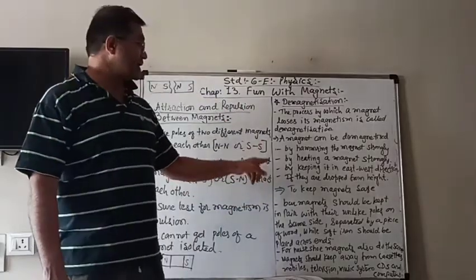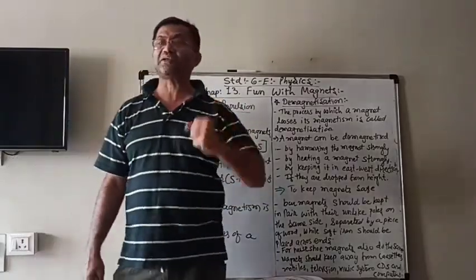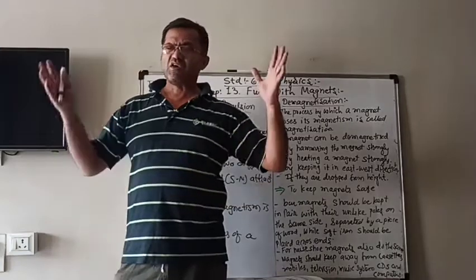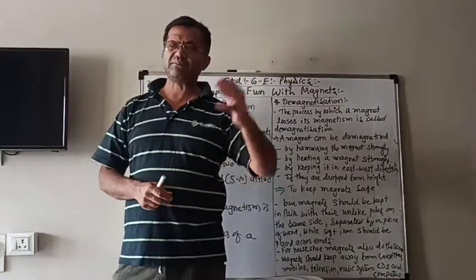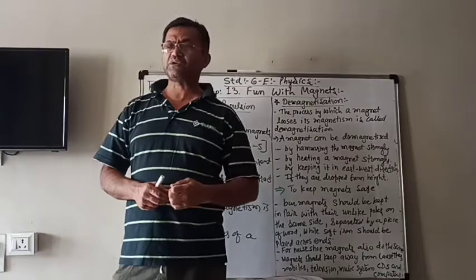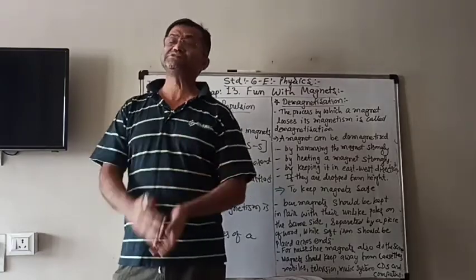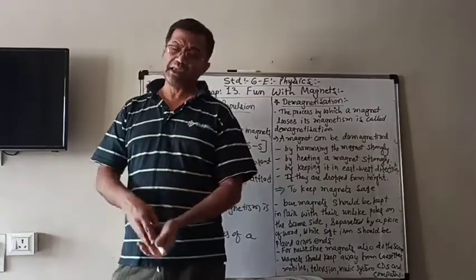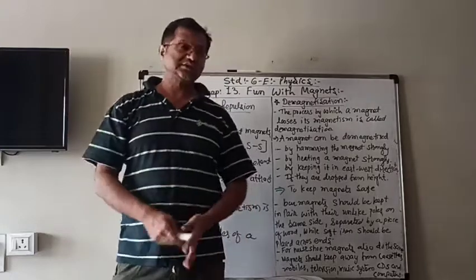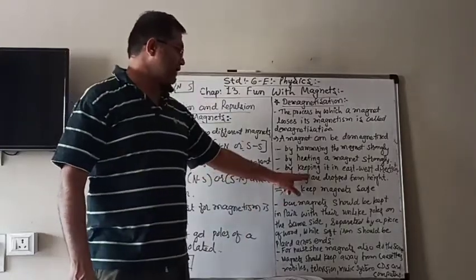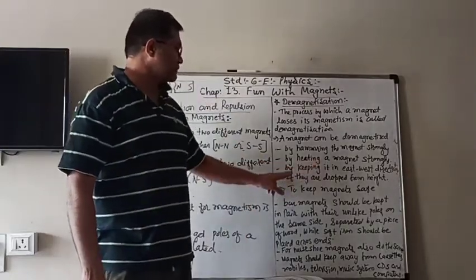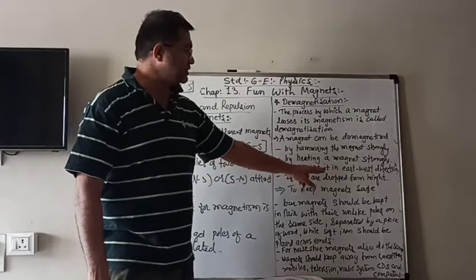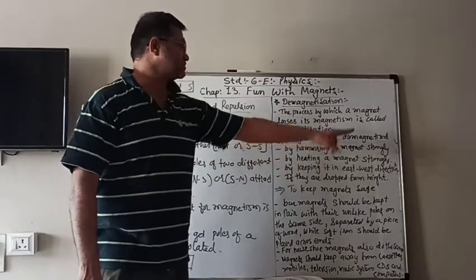The second thing is heating a magnet strongly. If you put it in a very hot flame, and then take it out, it can lose its magnetism. Similarly, by heating a magnet strongly and then keeping it in the east-west direction.